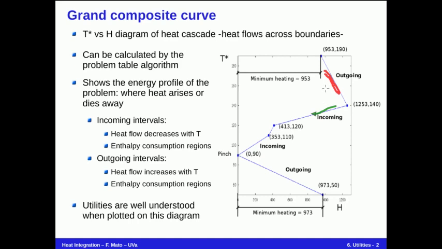So, in an excess region, there is some heat that can be directed down in temperature that must be taken out. And in a defect region, you will need some heat arriving to balance this need.